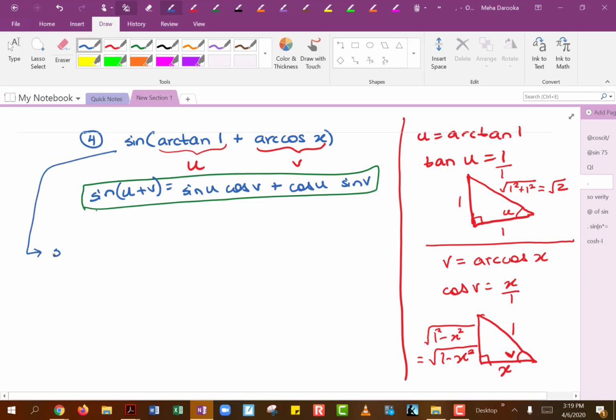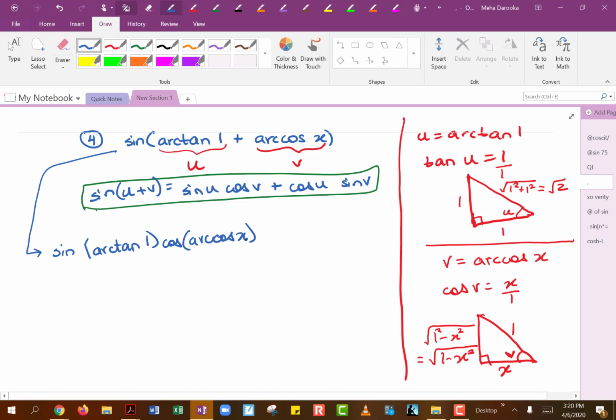So this will now be sine of u, that's the first part. So that'll be sine of arctangent of 1, and then cosine of arc cosine of x.